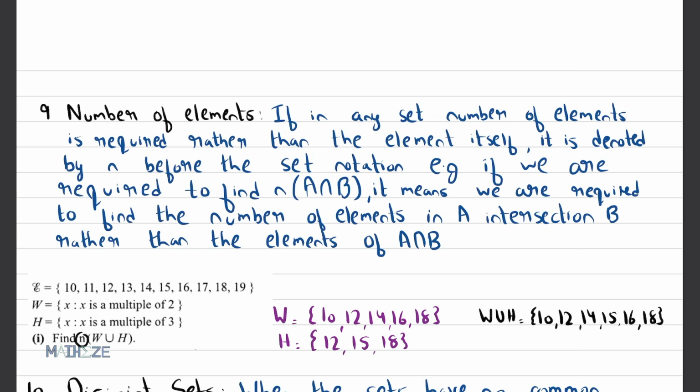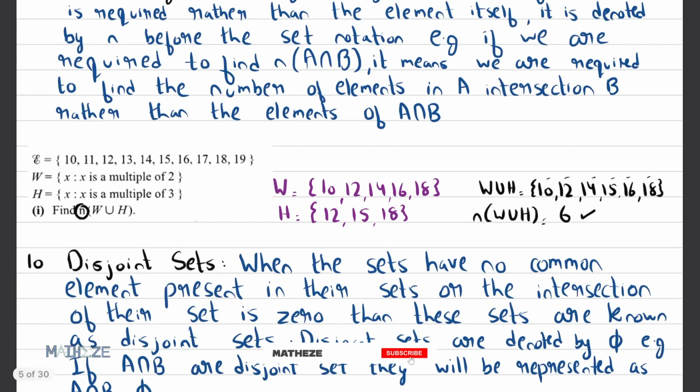No, because it says n. N means number of elements. So, guys, how many elements are there? 1, 2, 3, 4, 5, 6. So the small n represents how many elements there are. You can't write all the elements present in the set, you just need to write the number of elements.